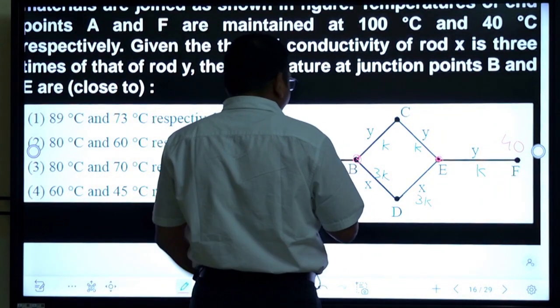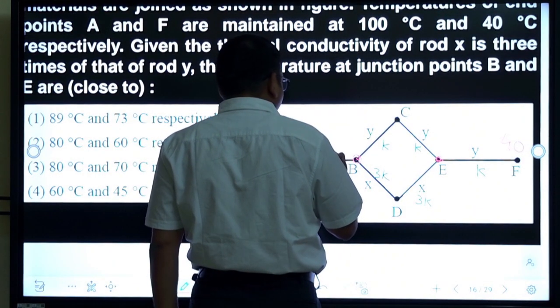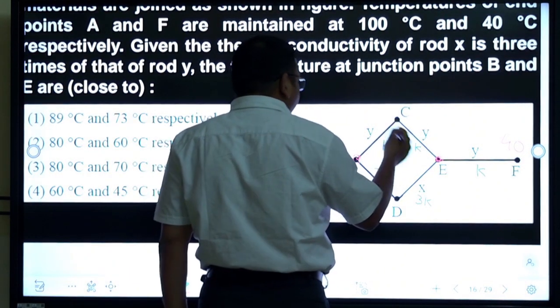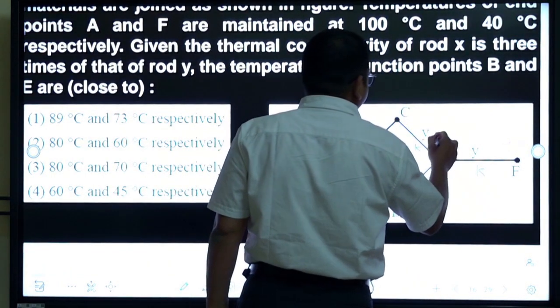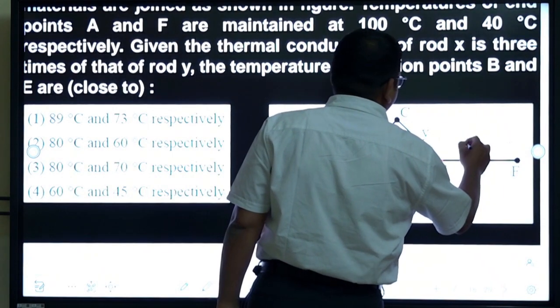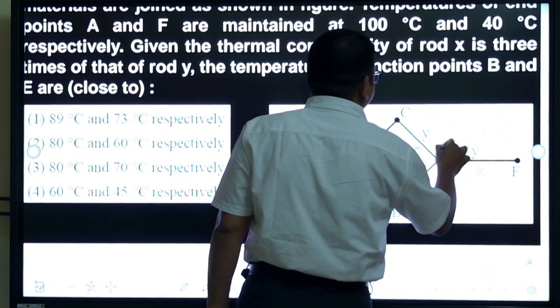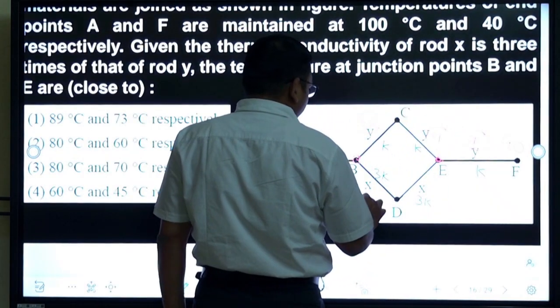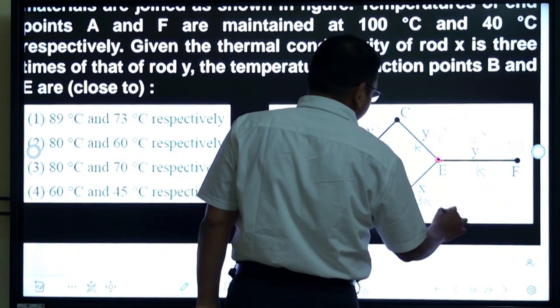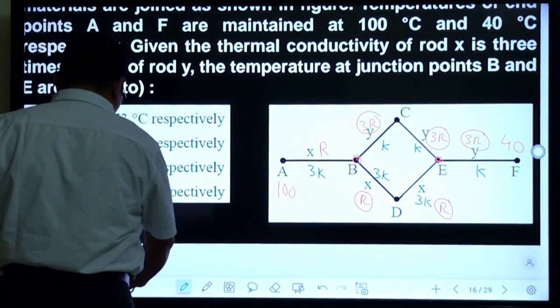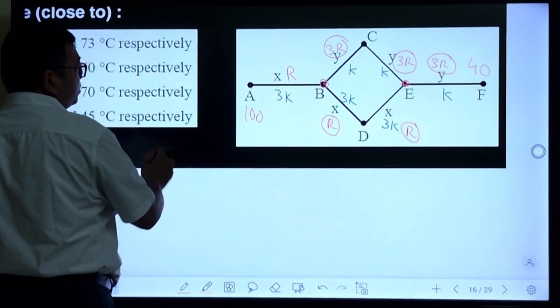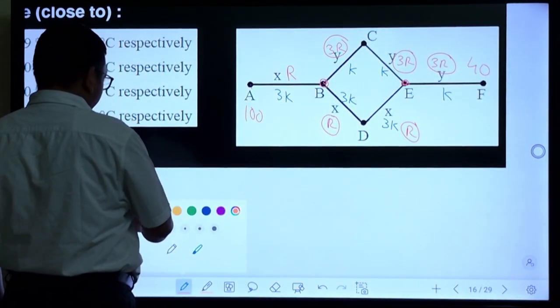If I take this resistance as R, then this resistance will be 3R, 3R, right? I am writing in resistance, which will be easy to calculate. Now do the calculation. What calculation can we do now?